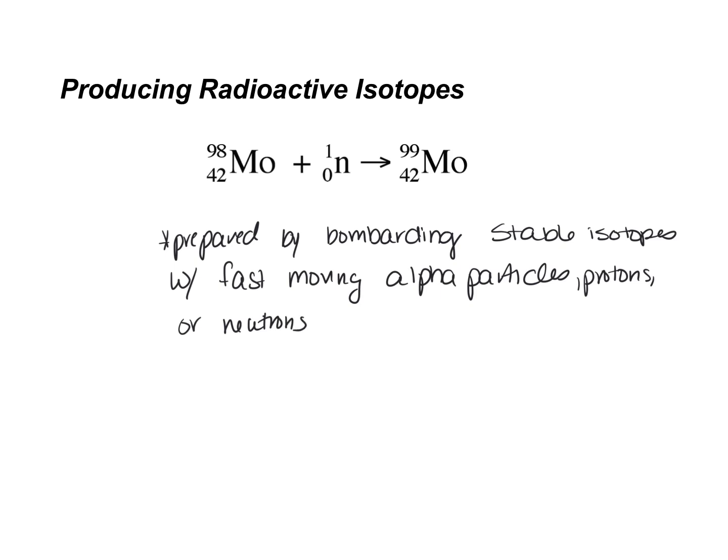I have an example here of a neutron being bombarded. When it's being bombarded, you're going to see it on the reactant side. Basically, neutrons are shot at this molybdenum nuclide, and we produce a radioisotope, or a radioactive isotope, this way. It's a common way to produce these radioactive isotopes. So we can find radioactive isotopes naturally, or we can make them in the lab.